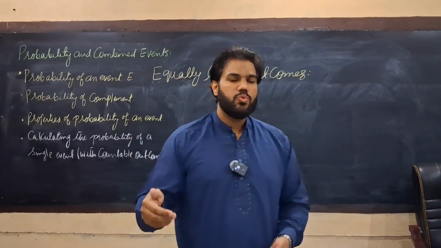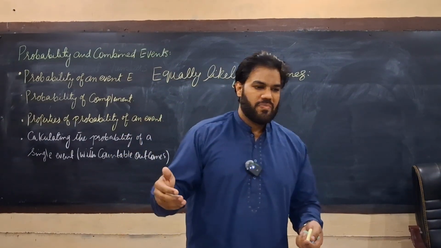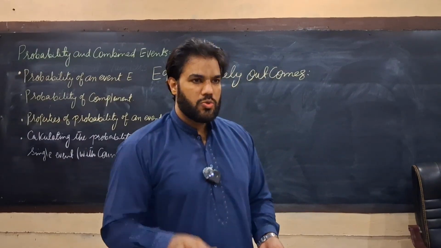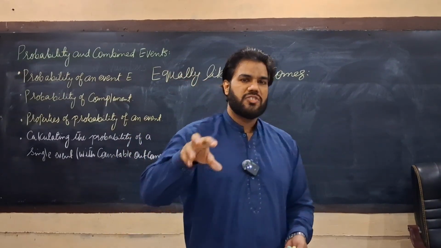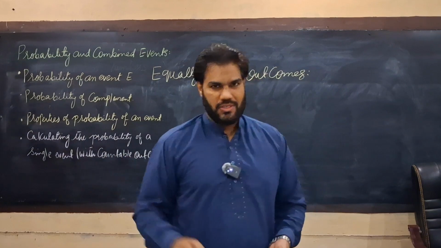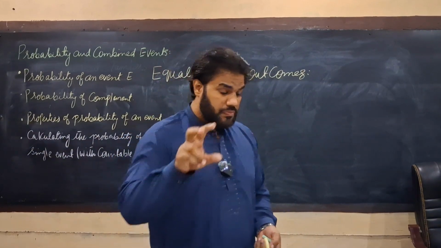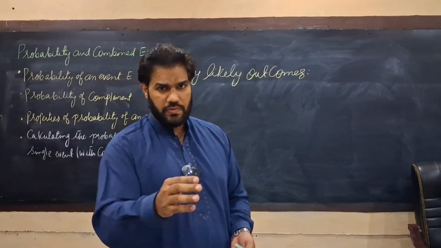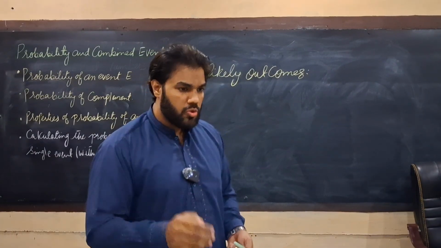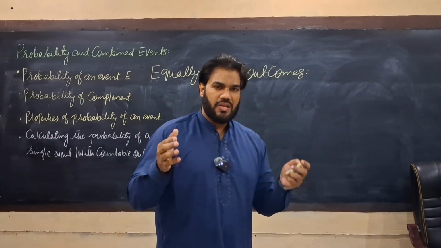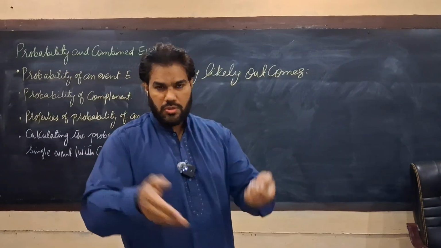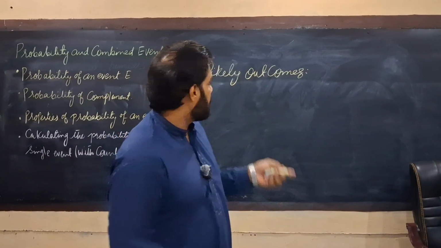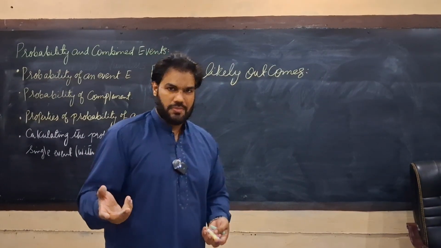For example, when you throw a six-faced die, you have six outcomes: 1, 2, 3, 4, 5, 6. Now every outcome has the same chance of occurrence, that is 1 over 6. So the outcomes on a single die represent equally likely outcomes.